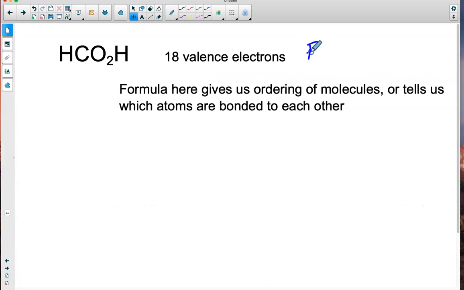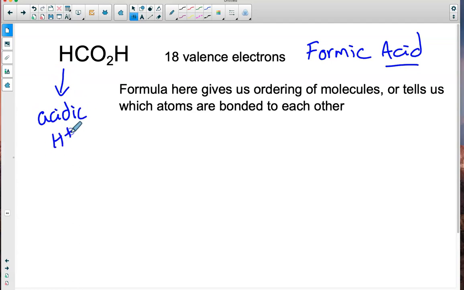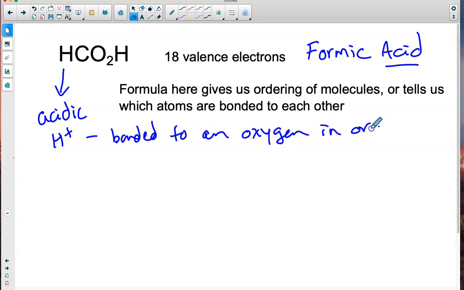Formic acid, which is shown here, and the order that the atoms are drawn in indicates how the atoms are bonded to each other. And in fact, since this is an acid, this is the acidic proton, and that's always going to be bonded to an oxygen in an organic acid like this molecule is.